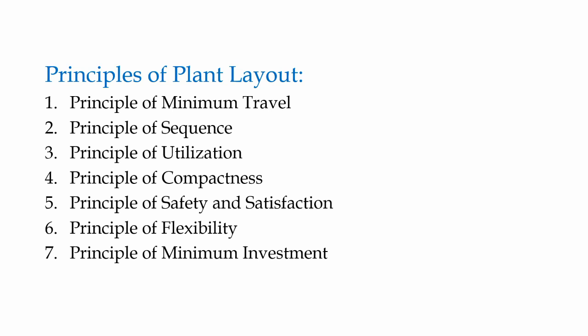Then principle of utilization. According to this principle, we have to utilize the available space in a most effective and efficient manner to optimize the utilization of the available floor space as well as the facilities. Then principle of compactness. Even though we have a lot of space, it doesn't mean that we have to utilize the entire space and have all the machines scattered at different corners.